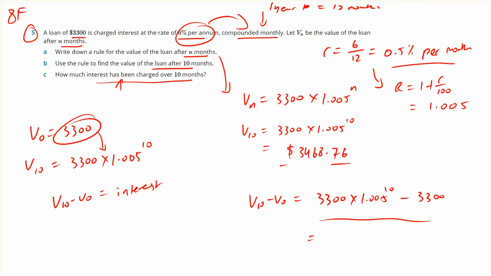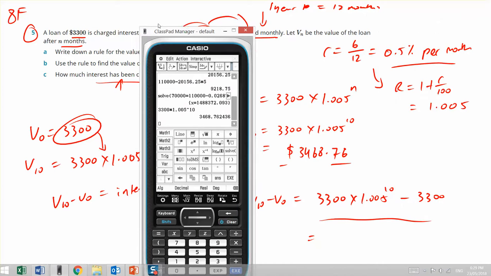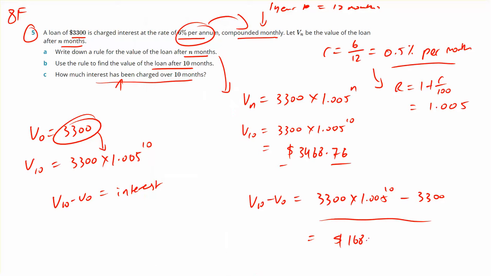So on the calculator, I'm just going to do one line: 3500 times 1.005 to the power 10 minus 3500 gives $168.76. And that's how you work it out.